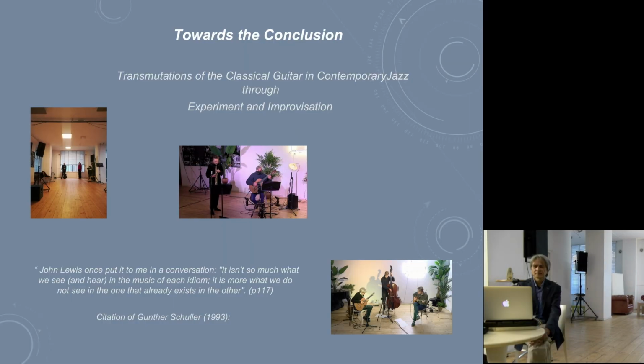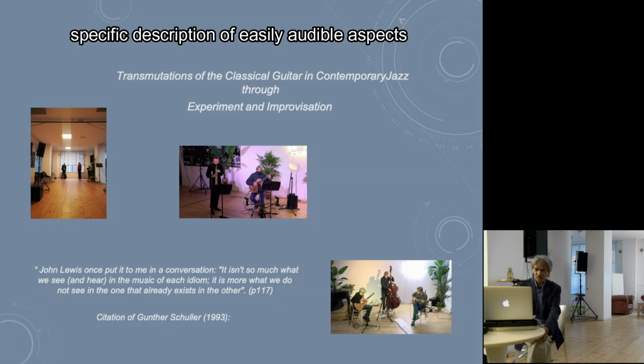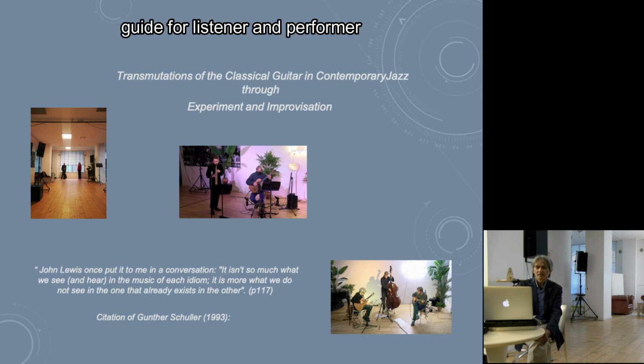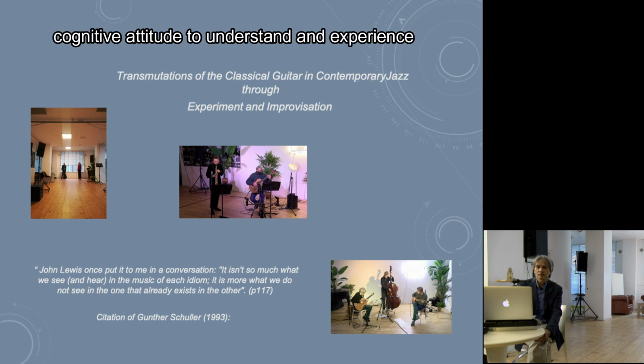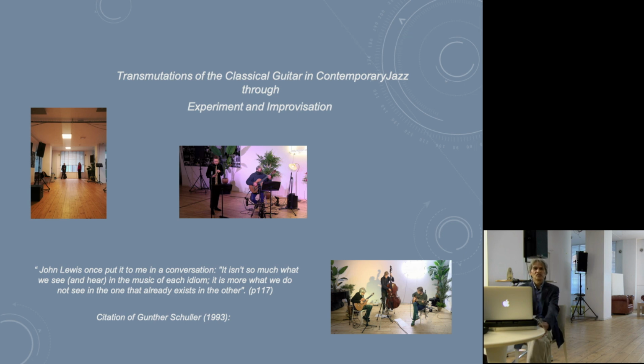In the end, the outcome is a specific description of what is actually easily audible to the listener and a guide for the performing musician, an aural and expressive live realizable model for a cognitive attitude to understand and experience the classical guitar in jazz.